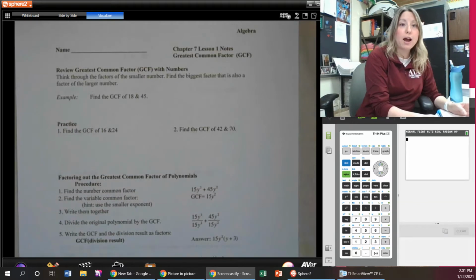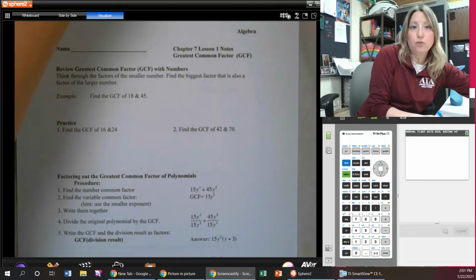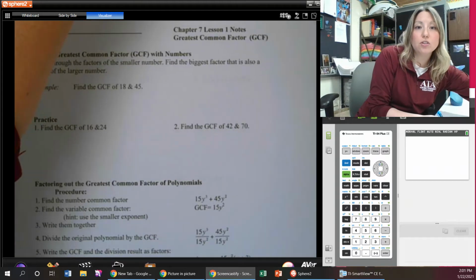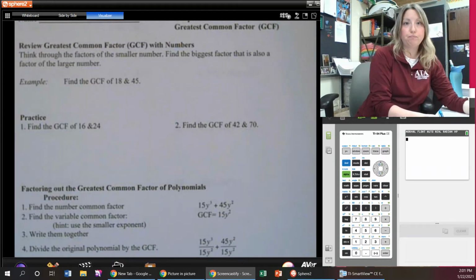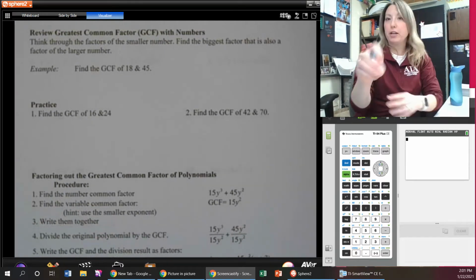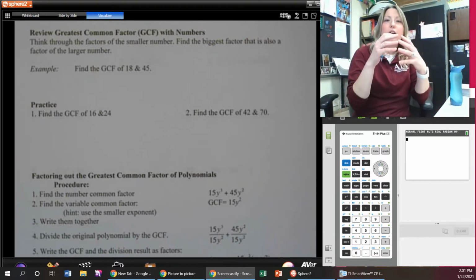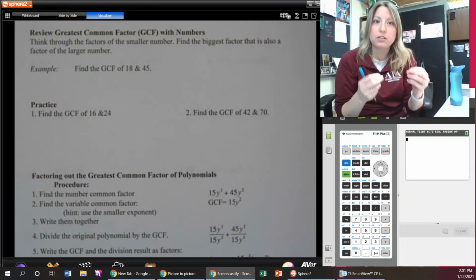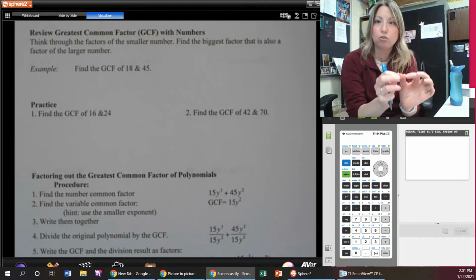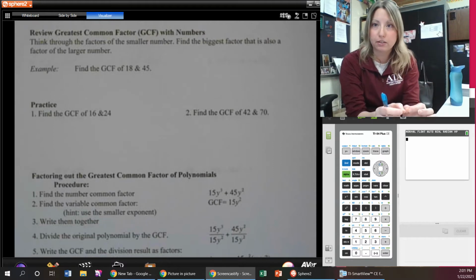Now, one of the things that confuses people with GCF is when they hear "greatest," they immediately think of the biggest number there. It's the biggest number that is capable of dividing evenly into all of the present pieces.